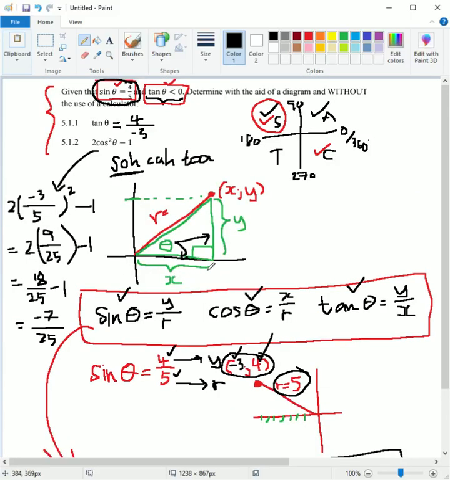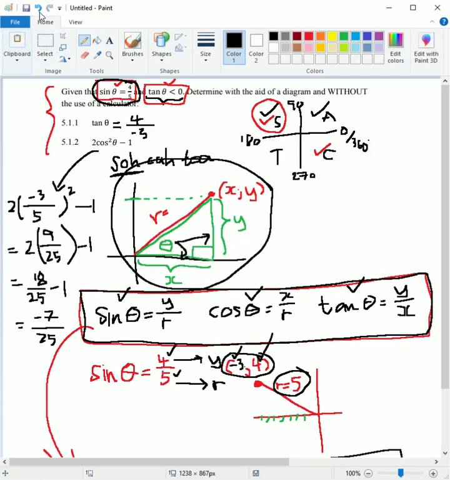Let's just walk through what we've done because it was a bit much. In order to deal with this question, you need these ratios. Either you remember these ratios or you know where to find them. They came from that triangle in your first quadrant.